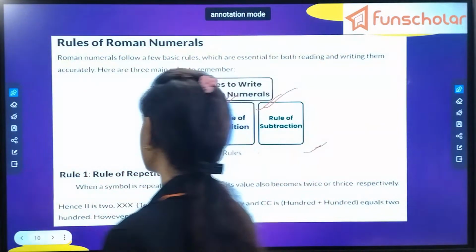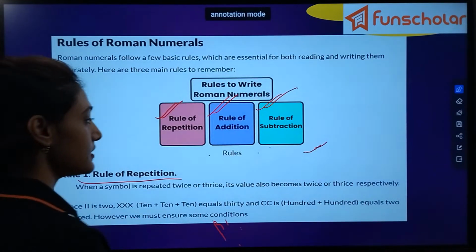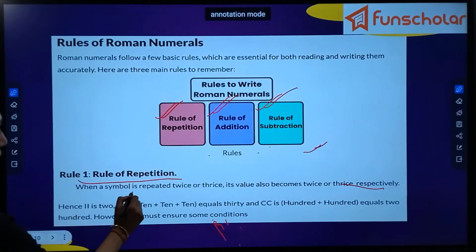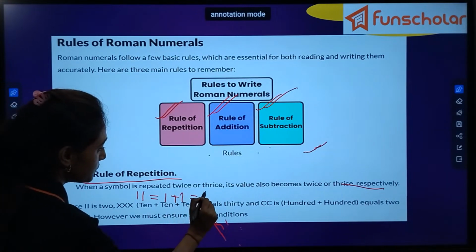Now the first rule is the rule of repetition. When a symbol is repeated twice or thrice, its value also becomes twice or thrice respectively. Hence, II means 1 plus 1 equal to 2.